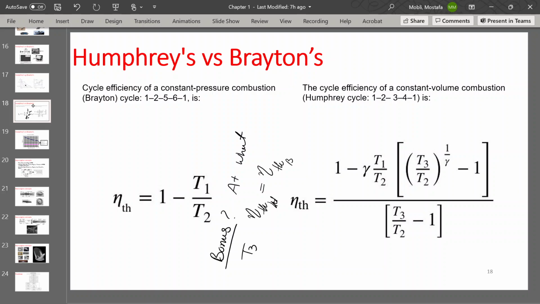The gamma doesn't change. It is air, right? It's 1.4. Should we get the same results for T3? Why not?